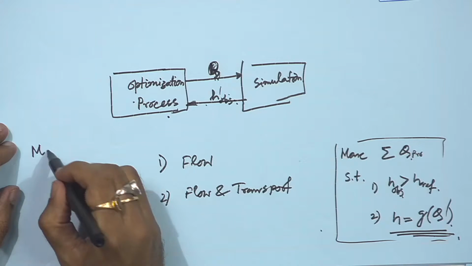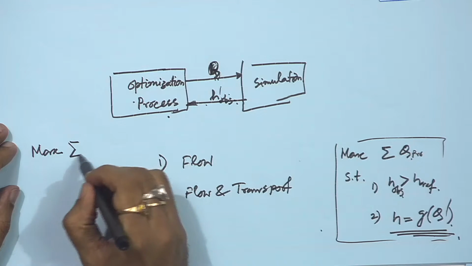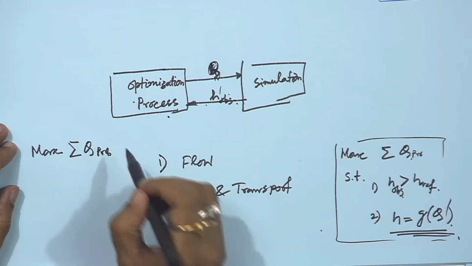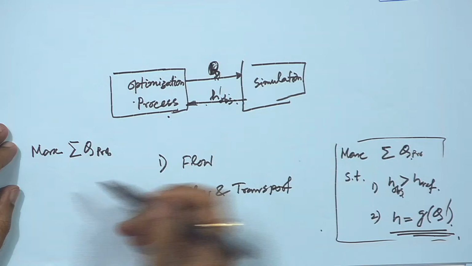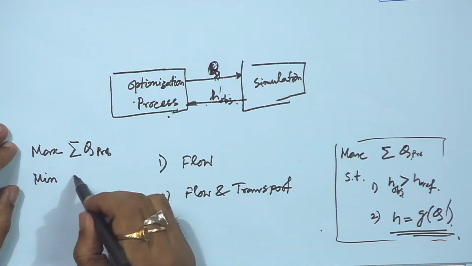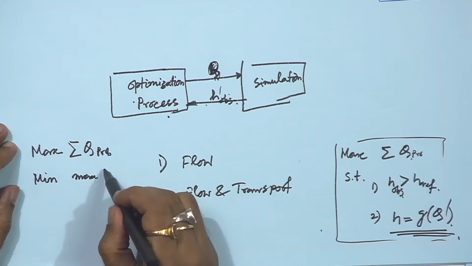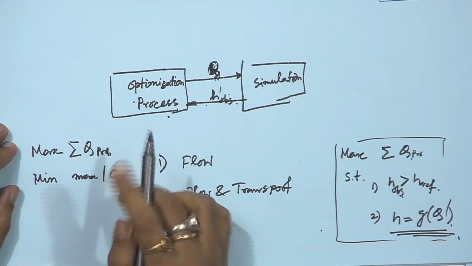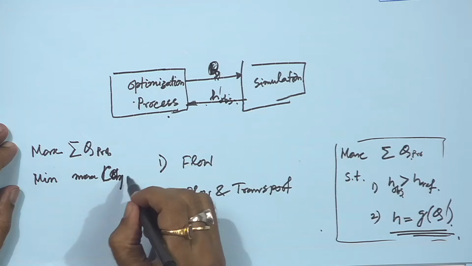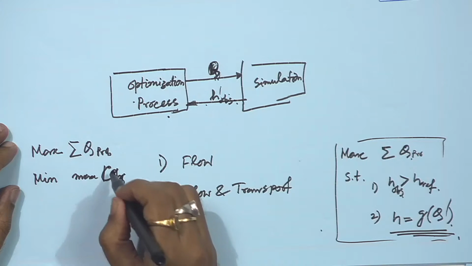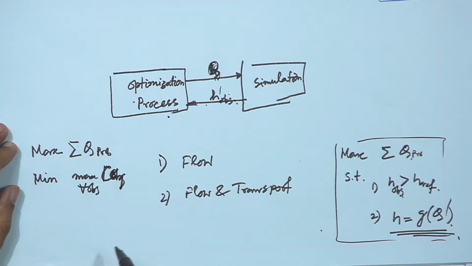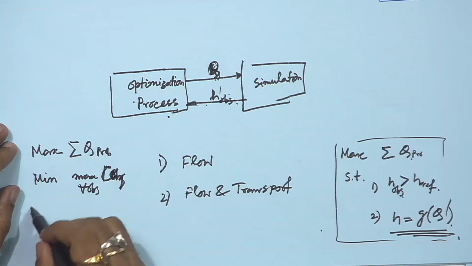Then you should have maximization of discharge at the production well and minimization of the maximum concentration, or maximization of concentration at all observation locations, for all observation locations, subject to constraints.